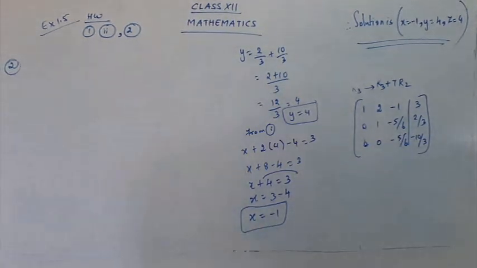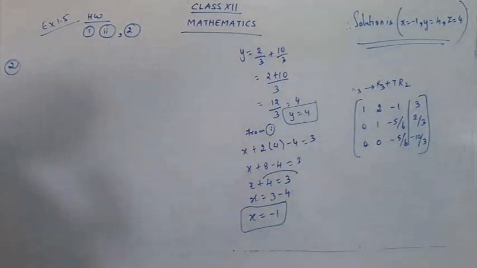Ax square plus bx plus c, and it is divided by x plus 3, by x minus 5 and by x minus 1. When it is divided by x plus 3, it leaves the remainder 21; when divided by x minus 5, it leaves the remainder 61; and when ax square plus bx plus c is divided by x minus 1, it leaves the remainder 9.